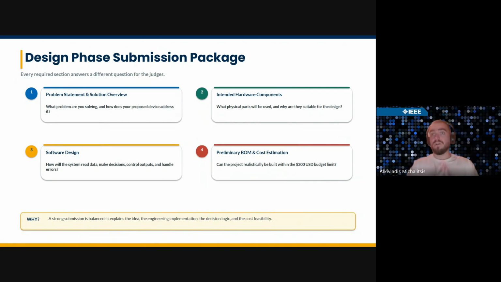And why all of this? Why do we put this kind of limitation on you? A strong ambition is supposed to be balanced. You should explain your idea, and show us exactly how you think of implementing it as engineers. How are you trying to solve the problems we put to you based on the restrictions of the challenge?